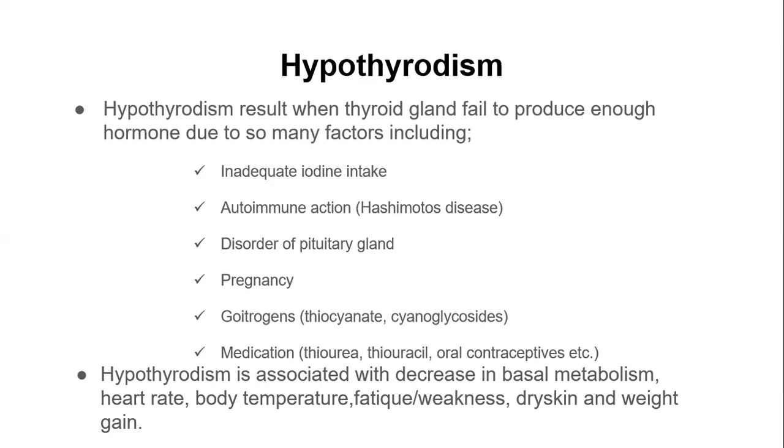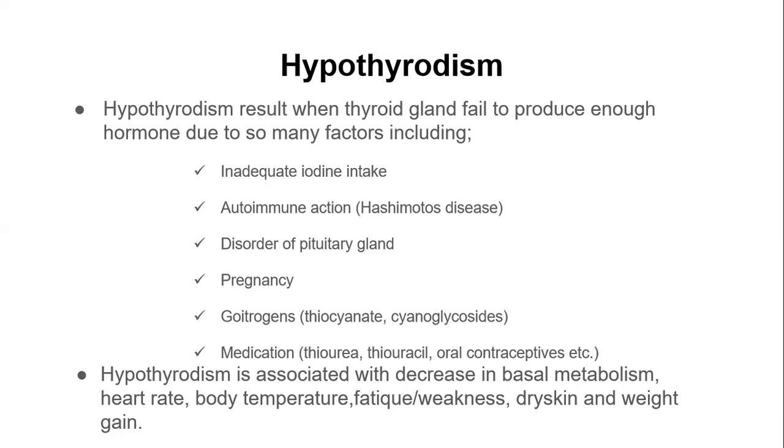And we have an autoimmune condition we call Hashimoto's disease, which I will explain. We also have disorder of the pituitary gland, where the pituitary gland is unable to induce the formation of thyroid stimulating hormone.